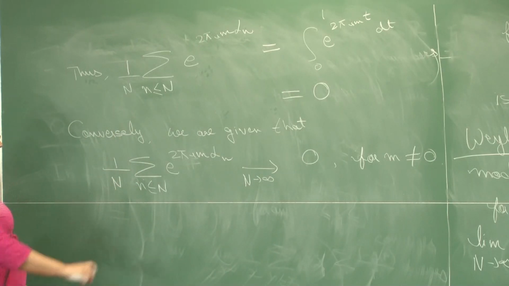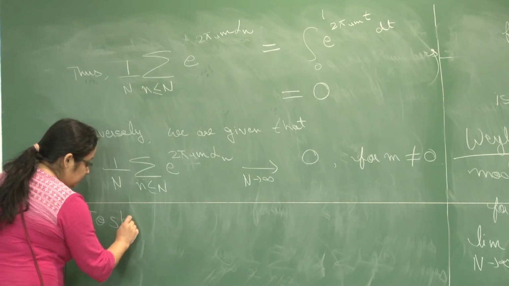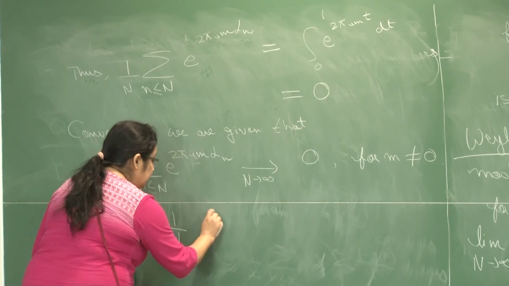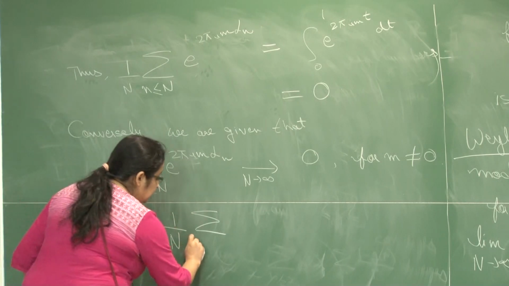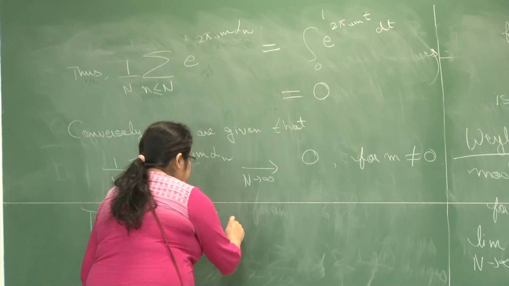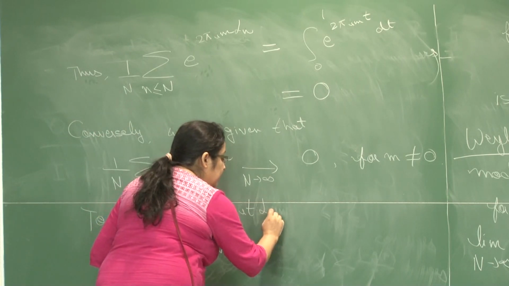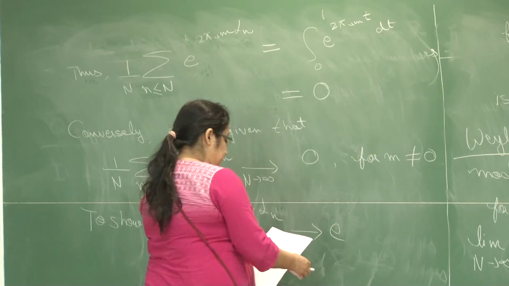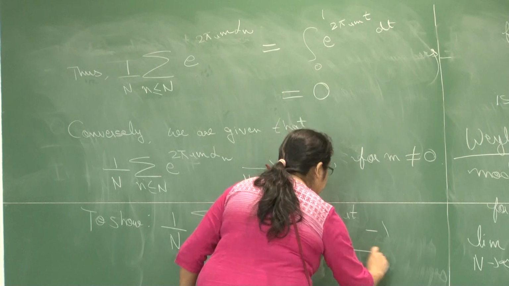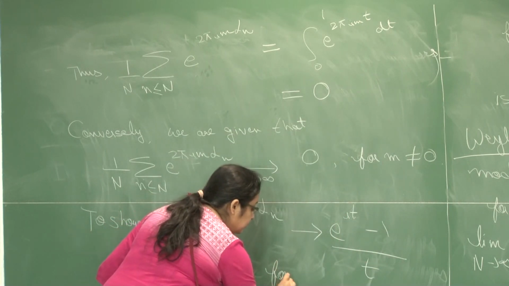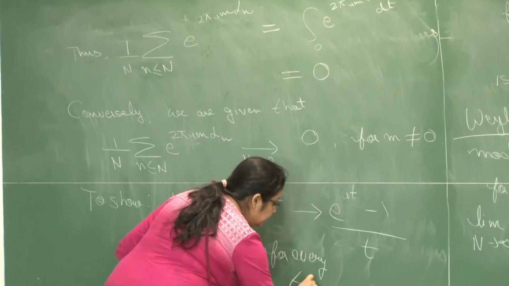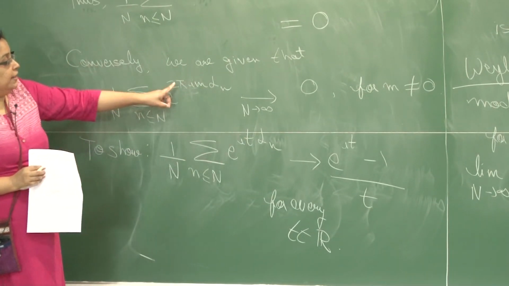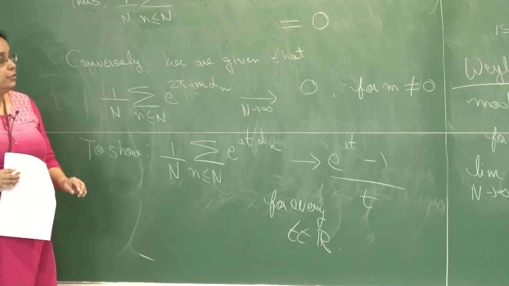And what do we have to show from this? It will be sufficient for us to show that 1 over N summation over n up to N of e raised to the i t alpha sub n will converge to (e raised to the i t minus 1) over i t, for every t in R. You know this to be true if t is of the form 2 pi times m for any non-zero integer m.